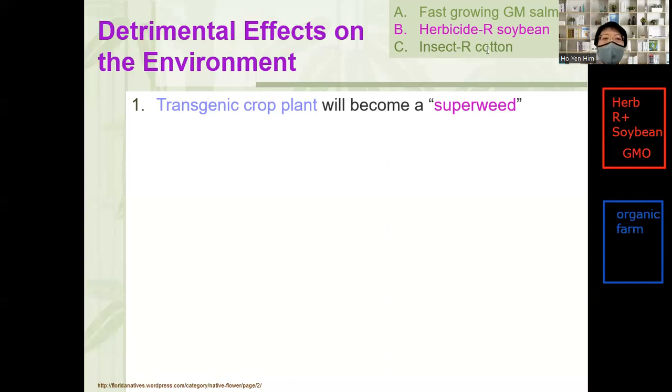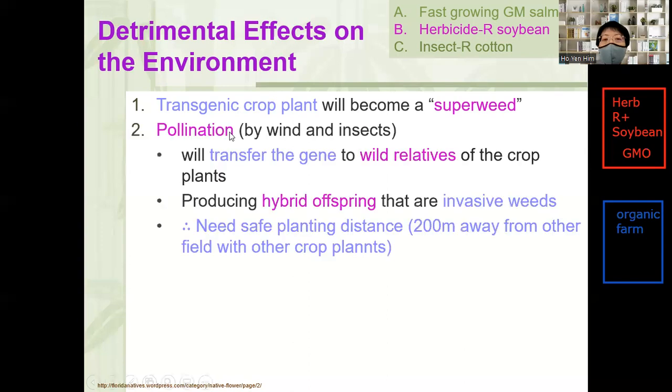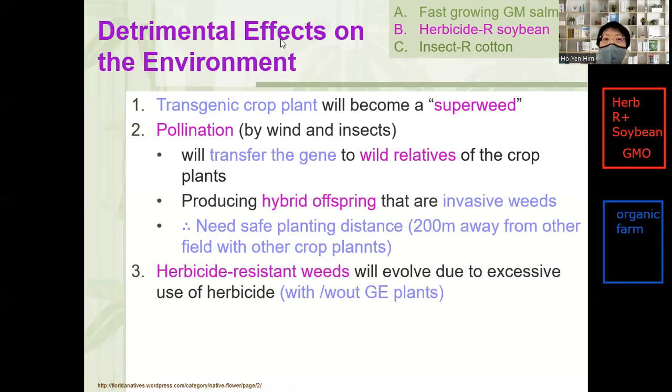Okay, so we say that never mind, the crop plant cannot walk, right? It'll remain there. But don't forget, pollen can spread. Pollen can spread or not? Yes, pollen can be spread by wind and insects. So the insects may be visiting this farm, and after that fly to the organic farm. Or the wind may blow this way, and then blow all the pollen to this organic farm.